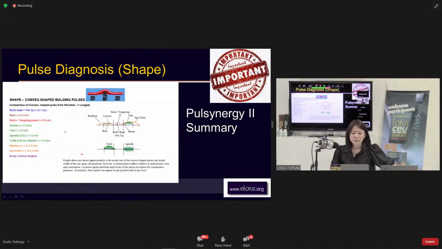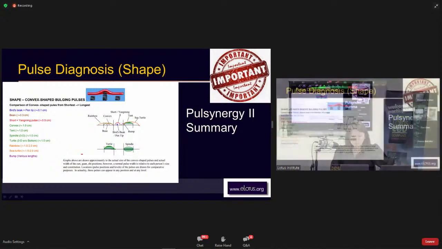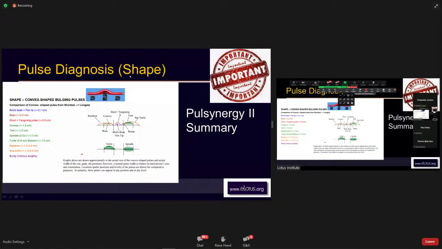So if you take a look here again, let me draw. So this is the Chun position, Guan position, and Ci position.